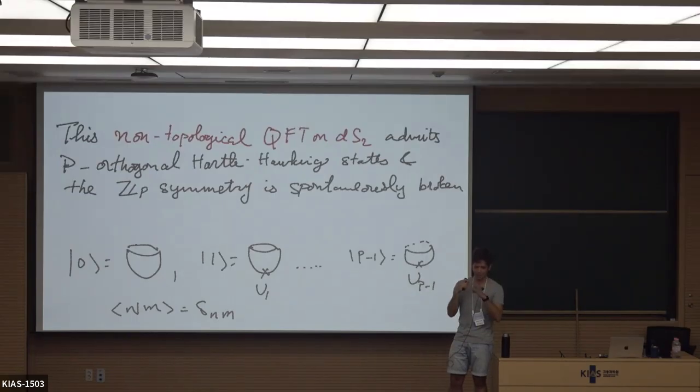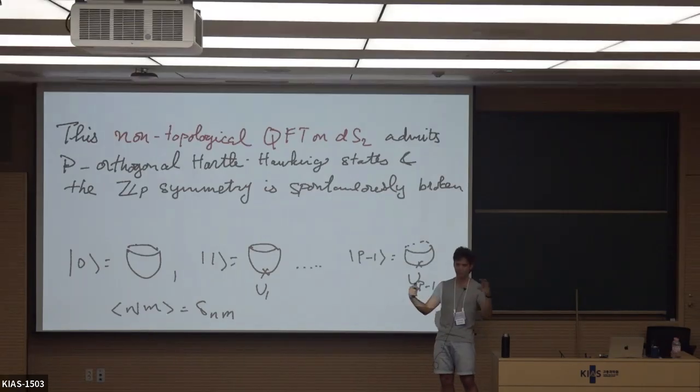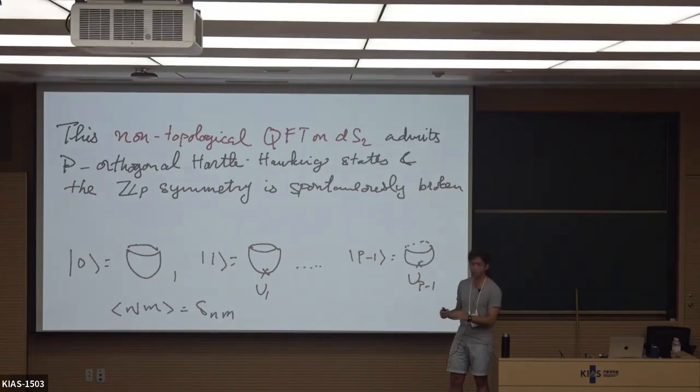It's really important that we ensure the disks aren't overlapping when we compute these norms. There is some creeping UV physics that you would see if these operators got too close together. But if you take all of that as a given, then indeed you get this kind of algebra, and the states are orthogonal, so long as this fact is ensured.